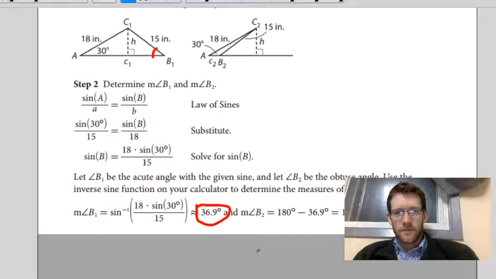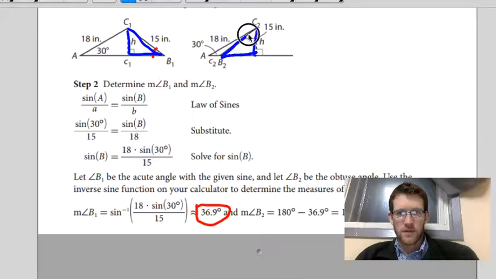The other possible angle that could give us this value when you take the sine is going to be greater than 90 degrees. And we can kind of see it here. If we go up to these triangles, we have this blue triangle. It has a hypotenuse of 15. It has this height. It has a 90-degree angle.